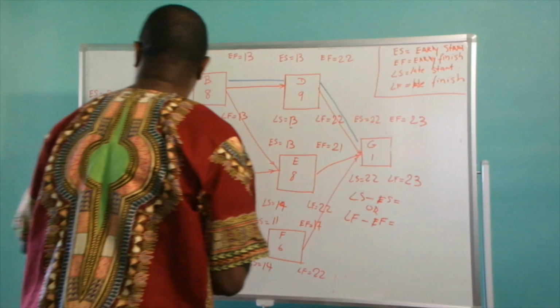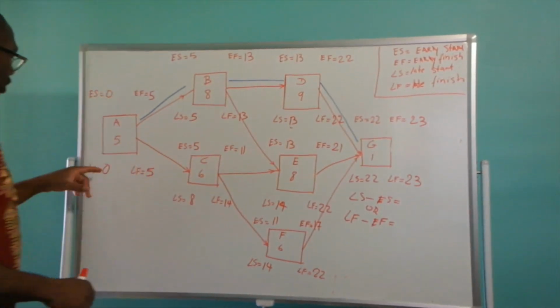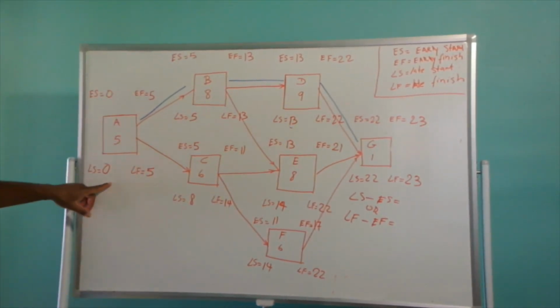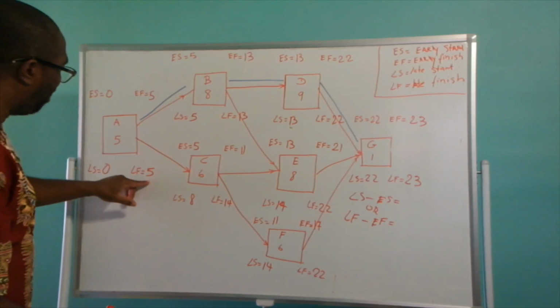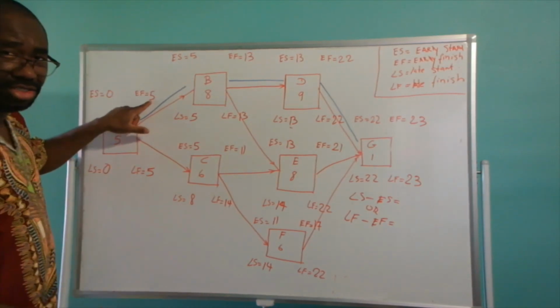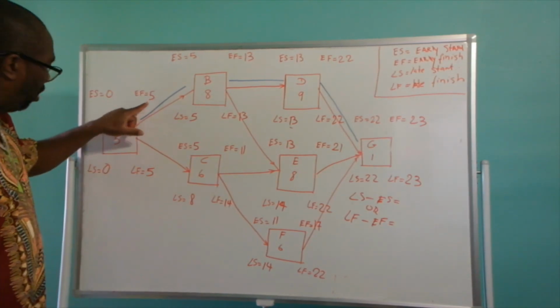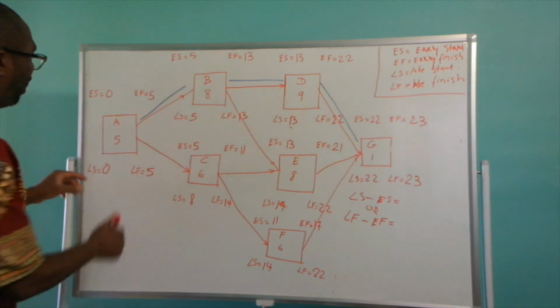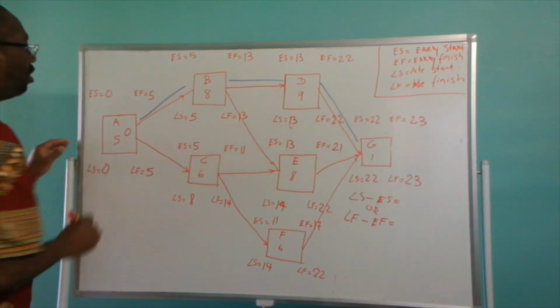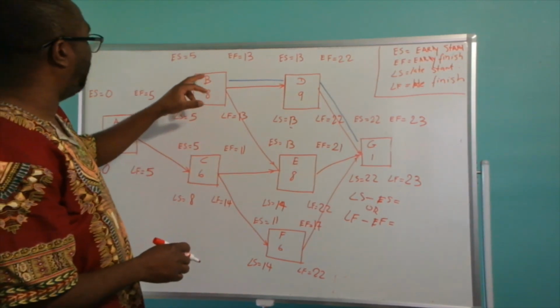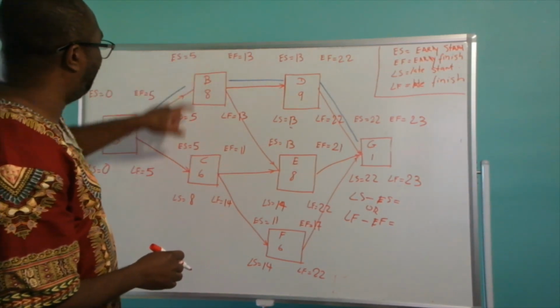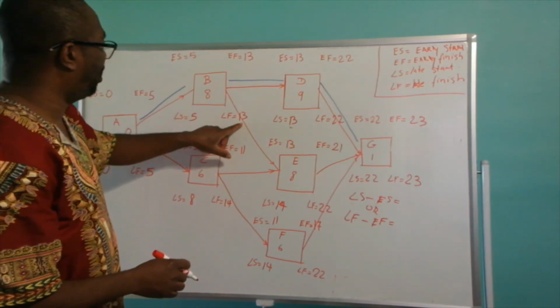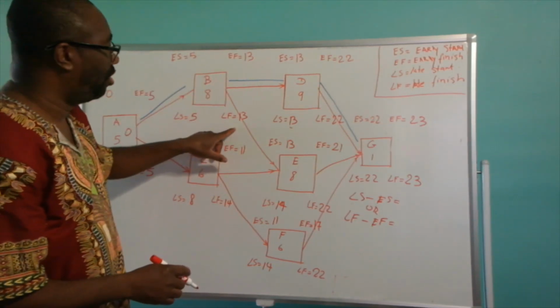So if you look at this, 0 from 0 is 0, right? Your late start minus your early start is 0. 5 from 5 is 0, right? Your late finish minus your early finish is 0. So that is 0 right there. You come to activity B, 5 from 5 is 0, 13 from 13 is 0.